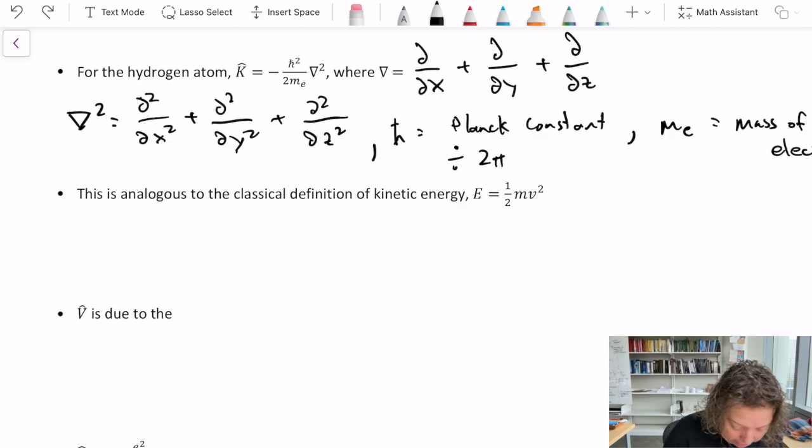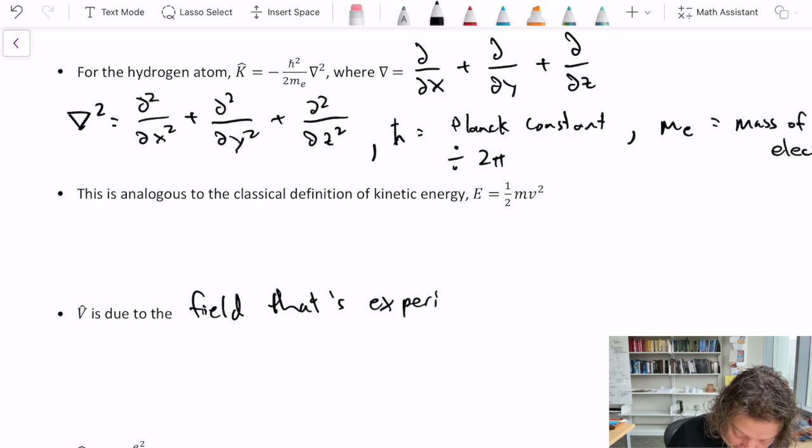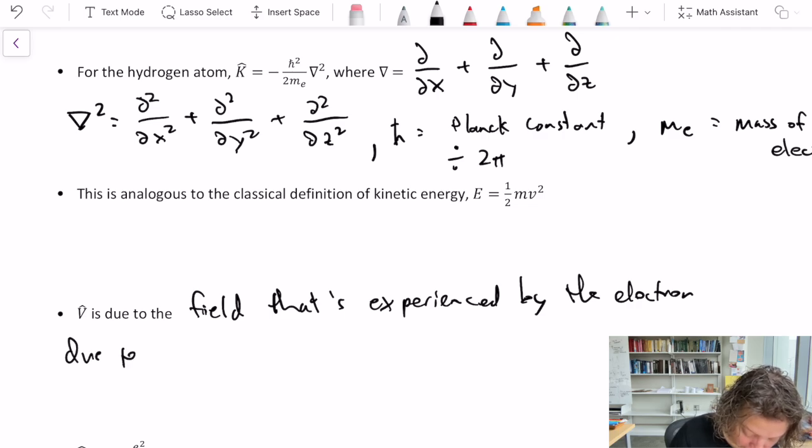Okay, the potential energy, which I'm going to denote as V hat, is due to the field that's experienced due to the proton.